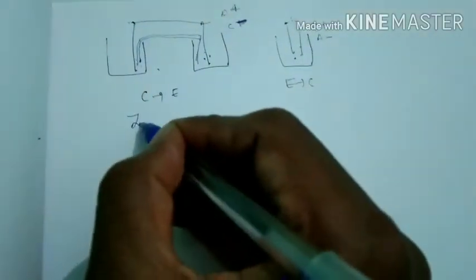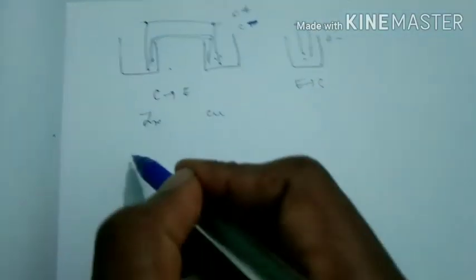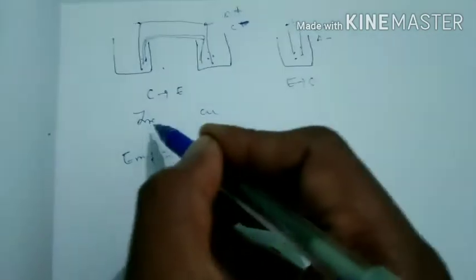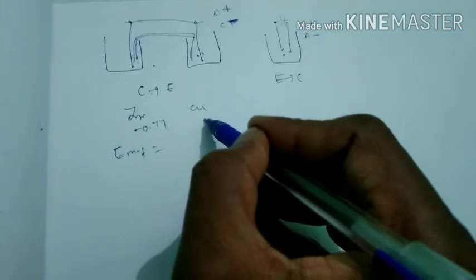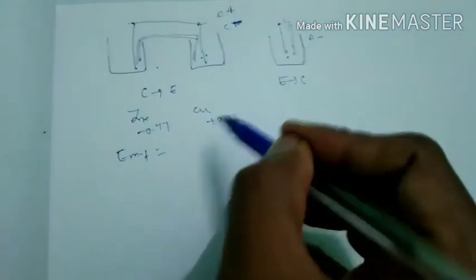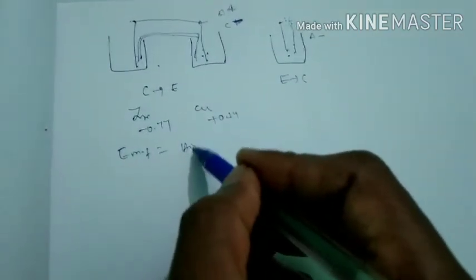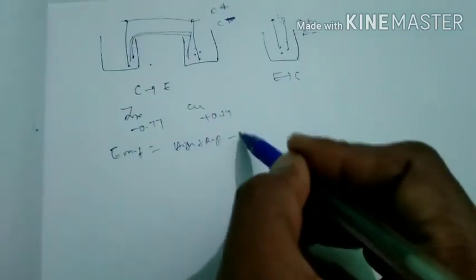when we take zinc and copper, then how much is the EMF? I told you the SRP of zinc is minus 0.76, and the SRP of copper is plus 0.34. So what is the formula? High SRP minus low SRP.